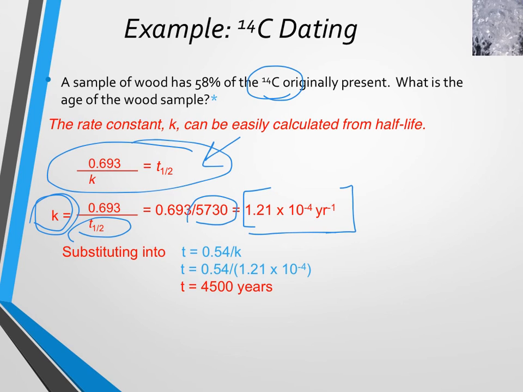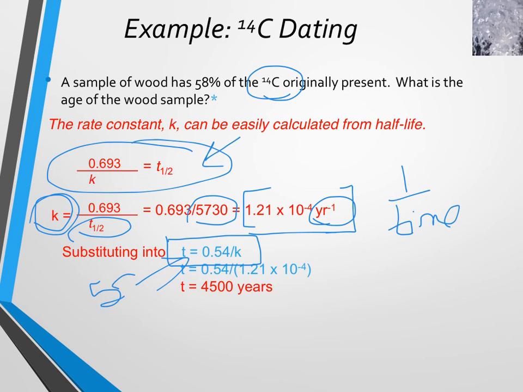Remember that the units for a first order rate constant are always 1 over time, so in this case it's 1 over years. Now that we know what k is, we can go back and solve for the time it takes to reach 58% of the original carbon-14, and that tells us 4,500 years.